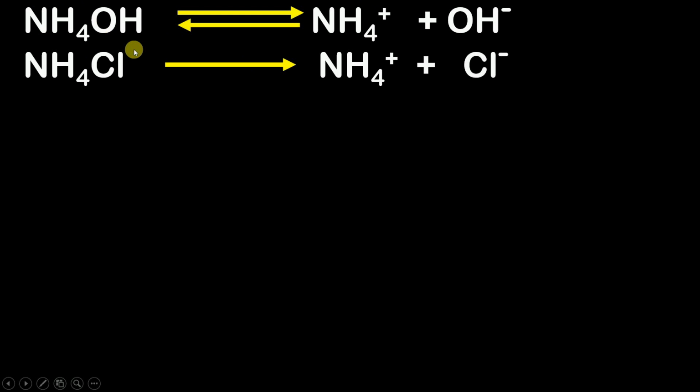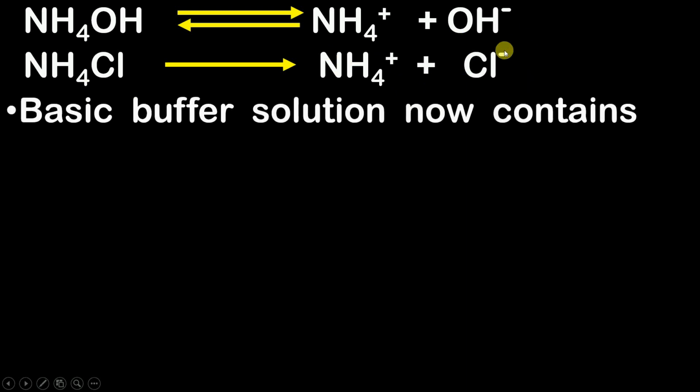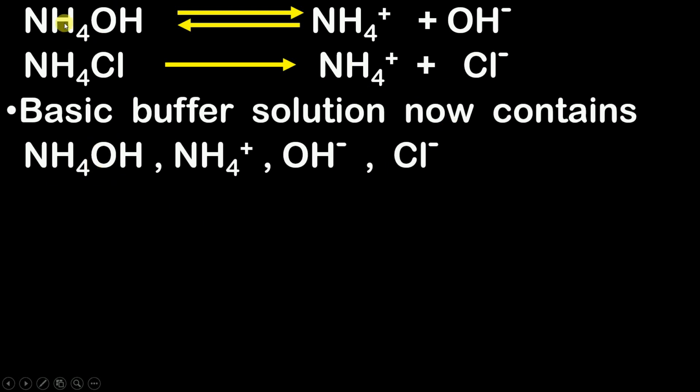And your salt NH4Cl, which is a strong electrolyte, will get completely dissociated into NH4 plus ions and Cl minus ions. Now, can I say that the basic buffer solution contains NH4OH, which is not dissociated into ions, then NH4 plus, which you are getting from both these reactions, plus OH minus, as well as Cl minus?